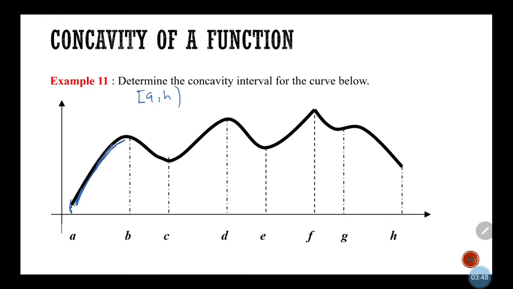So concave up ke concave down? Kat mana patut kita letak dia punya tangent line, ke atas ataupun kat bawah? So definitely tangent line berada di atas, curve ni melengkung ke bawah. So this is concave downward. Sama juga yang ni, dia melengkung ke bawah. So this one is concave downward.